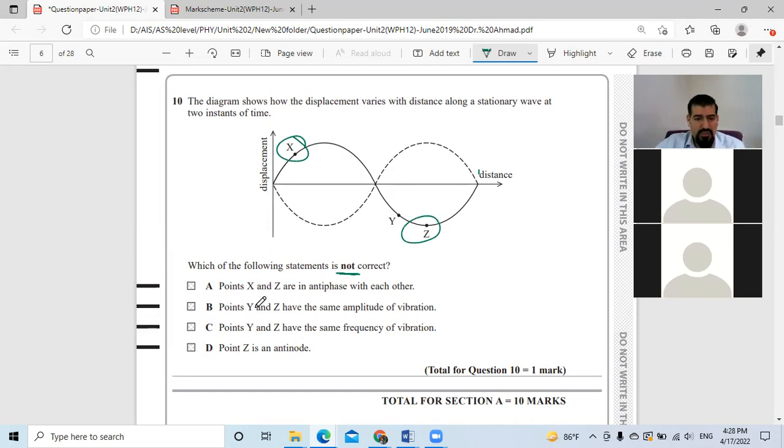Points Y and Z have the same amplitude. No, they don't have the same amplitude, this one here and this one here are different. Points Y and Z have the same frequency. Of course, all these points have the same frequency because it is the same wave. Point Z is an antinode, which is correct. So the answer is B for question number 10.